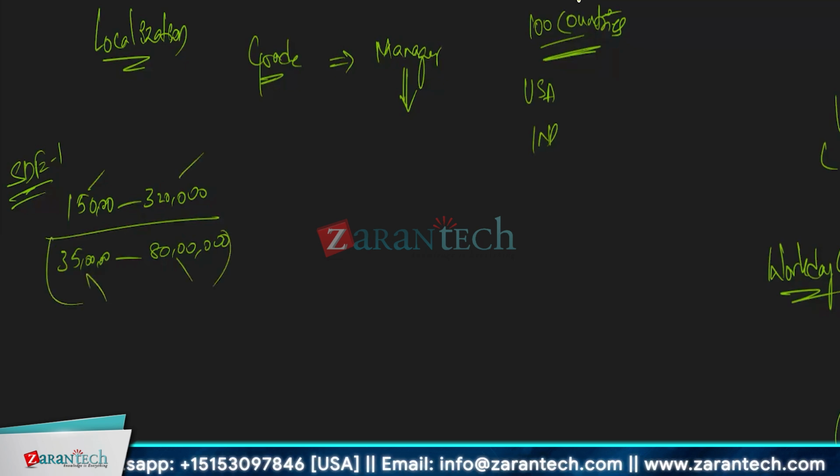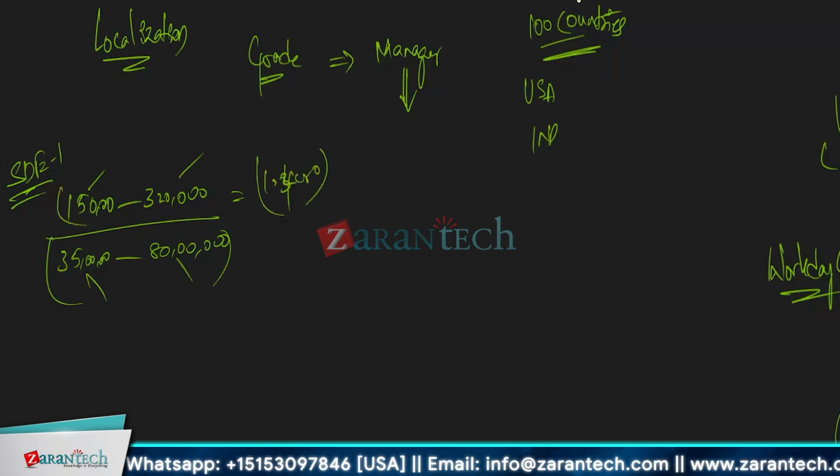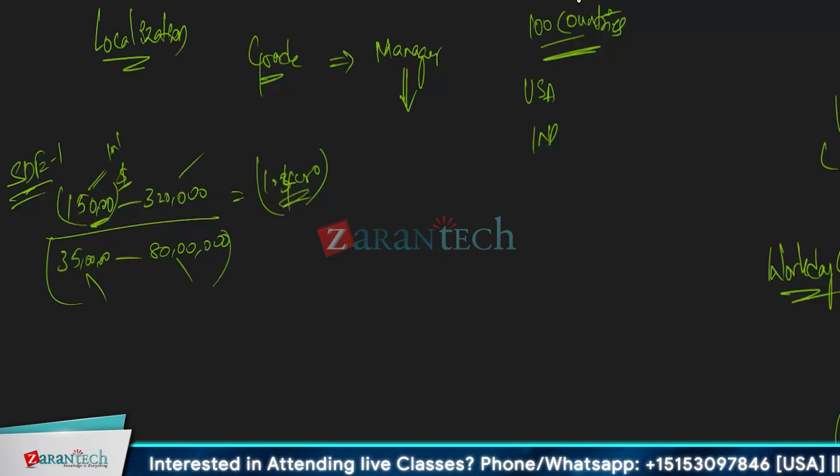If you convert $150,000, it is close to 1.4 crores in INR. So it does not make sense for an employer to pay 1.4 crores in India, but just $150,000 in the USA.